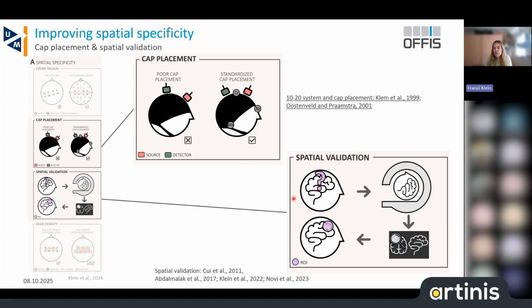So if you have the time and money for that, of course, then it could be helpful to start before designing your BCI or neurofeedback experiment to validate whether fNIRS really can reliably measure the brain area you want to reach. So usually you have then measurements of fNIRS and fMRI of the same subject, and then you can use the fMRI data to validate whether the positions you used are really capturing the brain activity you're aiming for. And at the same time, you can also use this information to, I don't know, select the best task for your experiment or something like that.